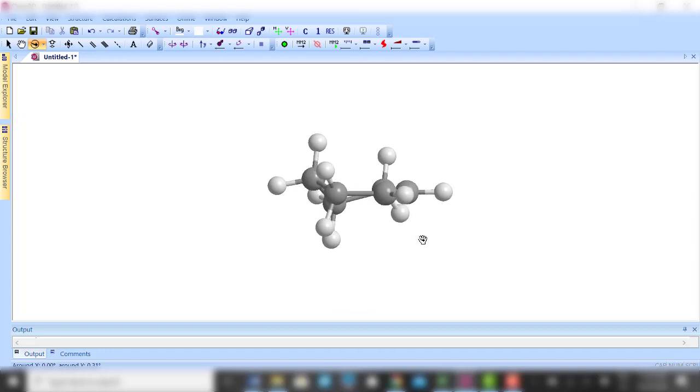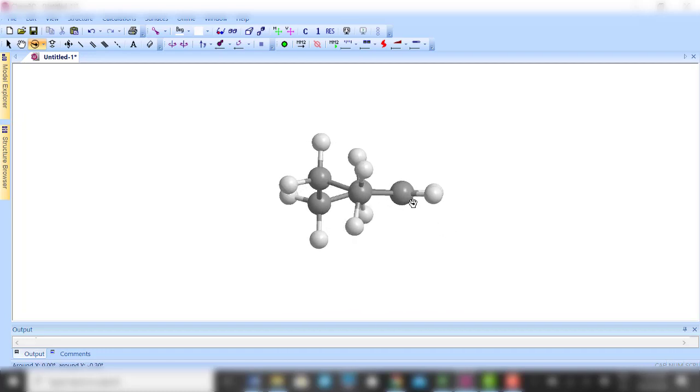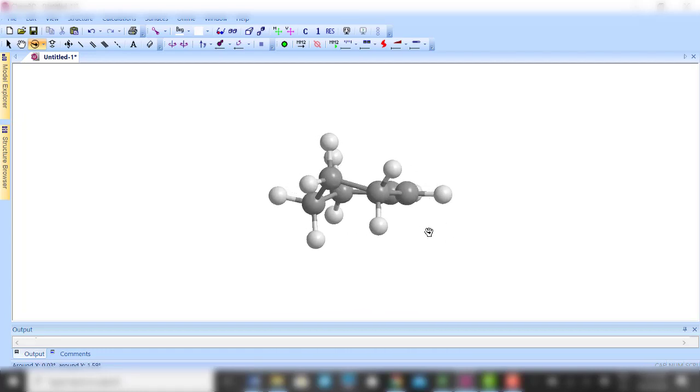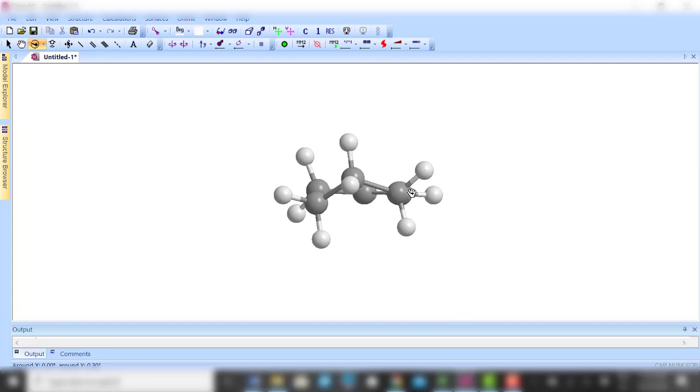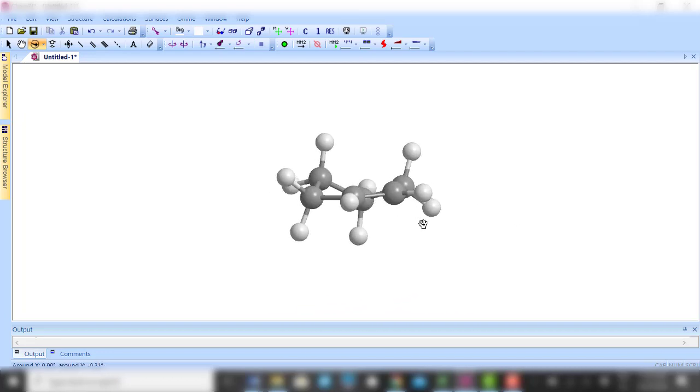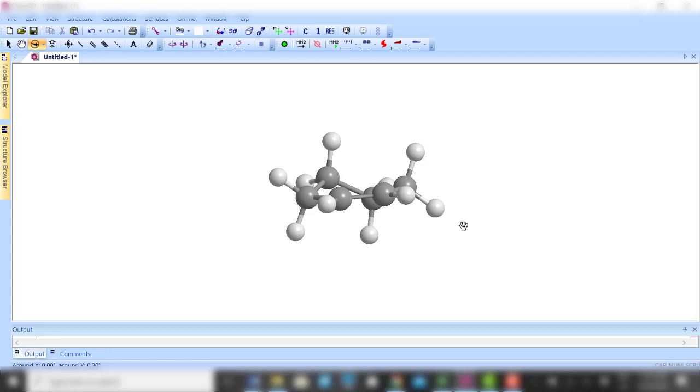Let me rotate again: this carbon and the one at the back are in the same plane, and then this carbon at the back as well. So I hope this convinces you that in cyclohexene, four of the carbon atoms are in the same plane, and of the other two, one is pointing up and the other one is pointing down. And then these two H's are projecting out towards you.